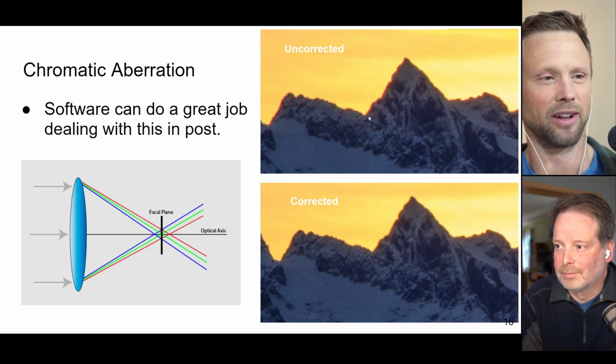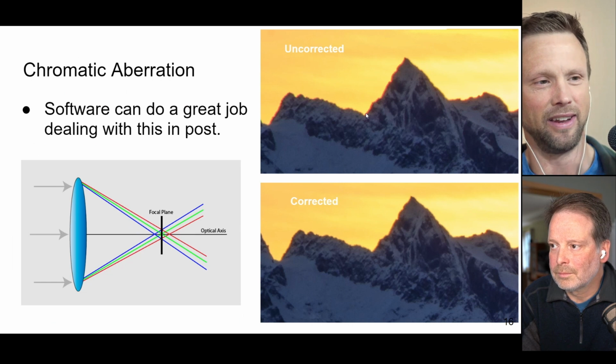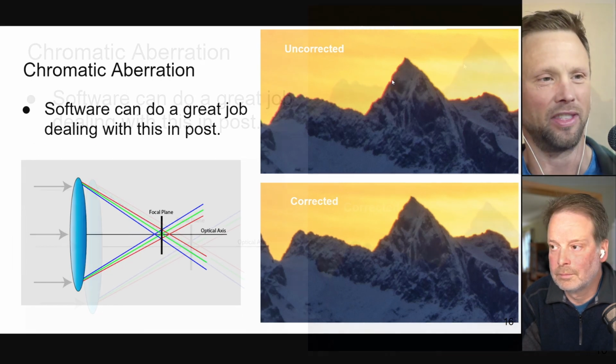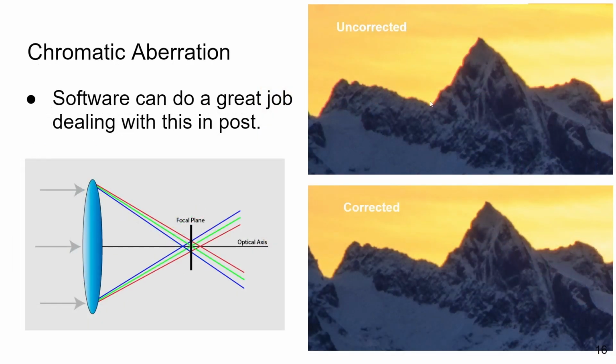And so this is what it looked like uncorrected. And you can see here we have this nice, thick magenta fringe running on the left or the right sides of these mountain peaks. And you see a little bit of a green fringing going on the opposite side over here. Now, when I take it into Lightroom and hit the correct chromatic aberration, which is something you should do on every single image, you can see it takes a lot of that away.